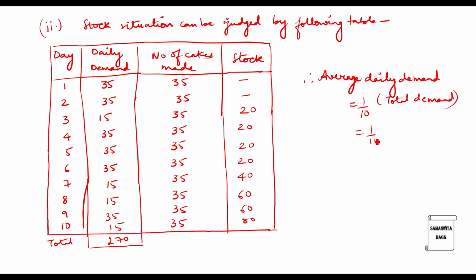So this is 1 upon 10 into 270. So this will turn out to be 27 cakes. So we have calculated what will be the total daily demand and what will be the average daily demand per day. So that's how you solve this numerical.